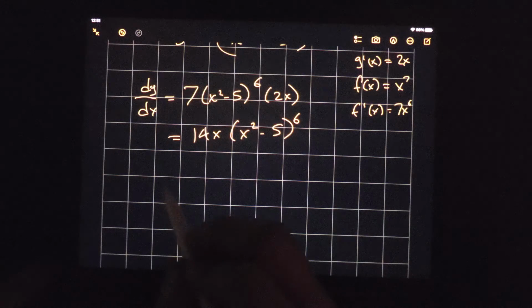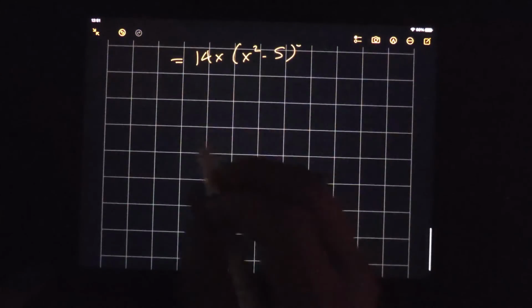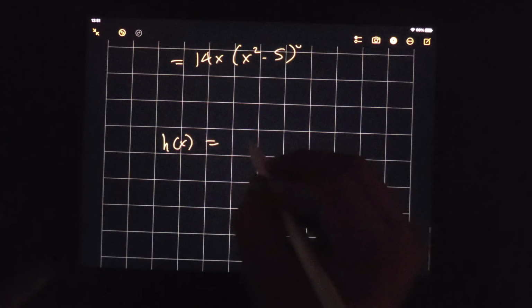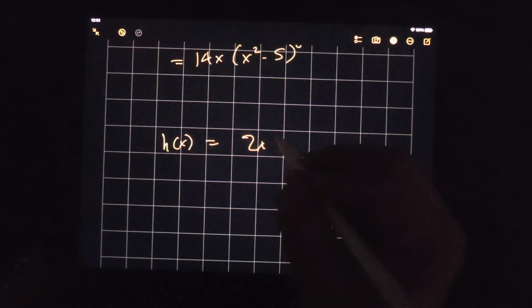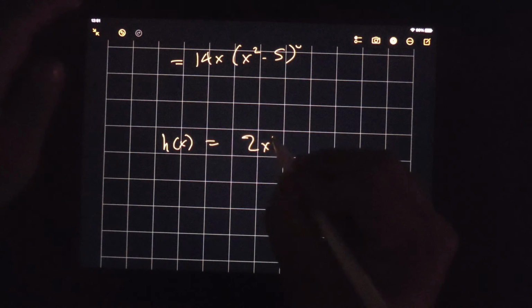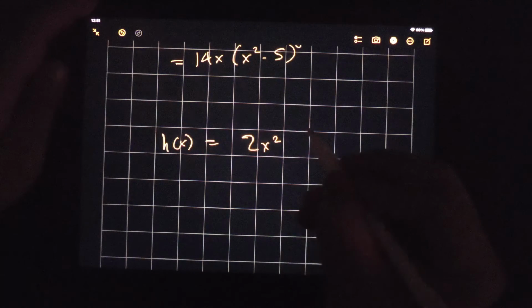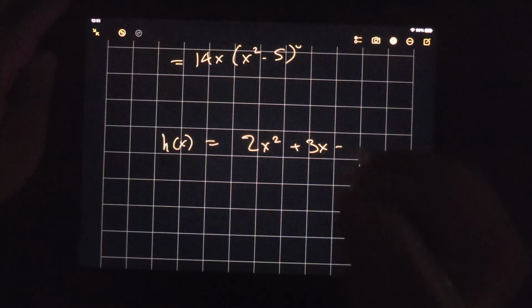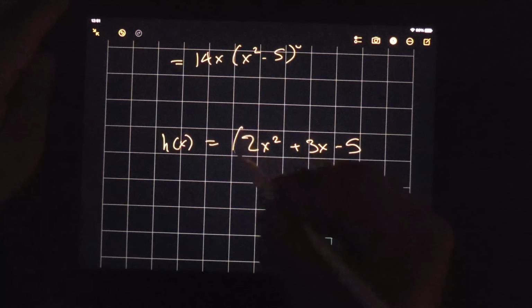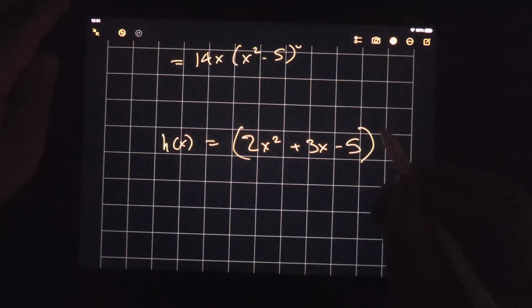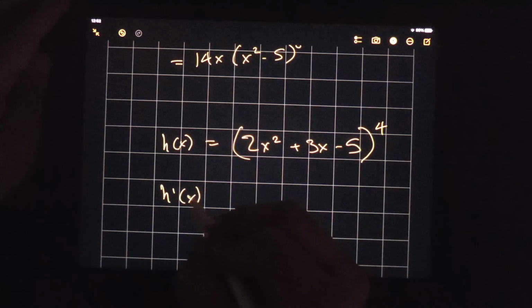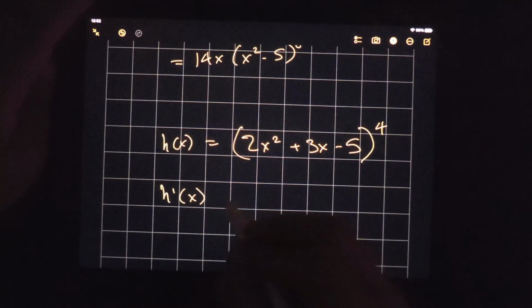Say we have h of x is equal to 2x squared plus 3x minus 5 to the power of 4. Find h prime of x.